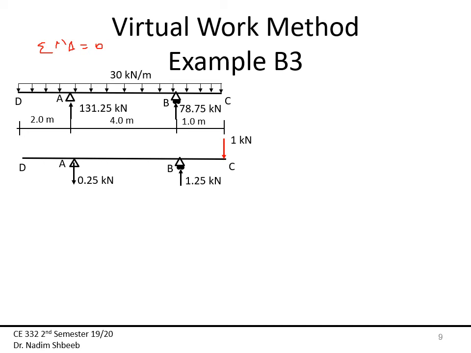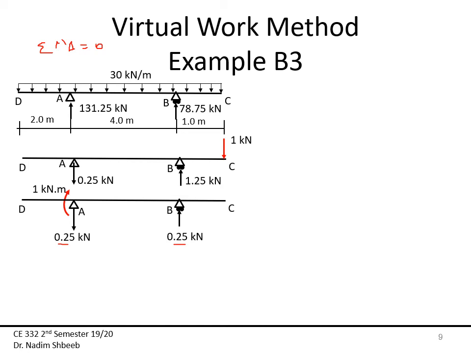Again, we find the reaction, and for the moment, it's the same. This moment is going to make a couple on the beam, so this couple is going to resist this moment. This is going clockwise, so this has to go counterclockwise. So this is going to be 1/4, hence the quarter and the quarter over here. Here, just simply take the summation of moment at A equal to 0, like we did with the real beam. You get By, and with summation of Fy equal to 0, you will get Ay.